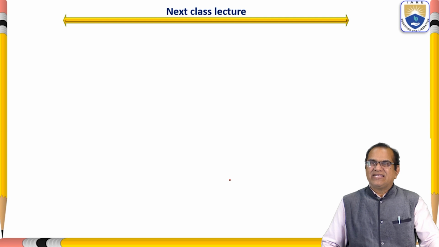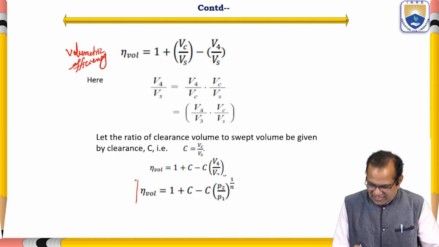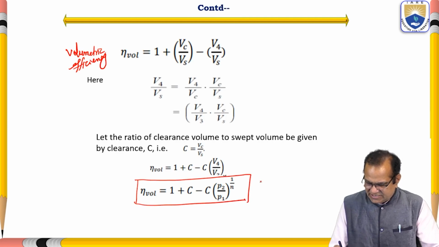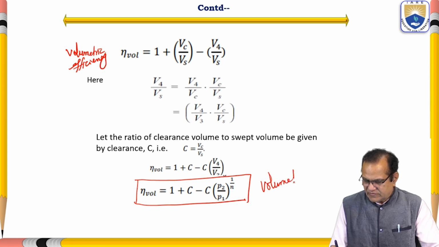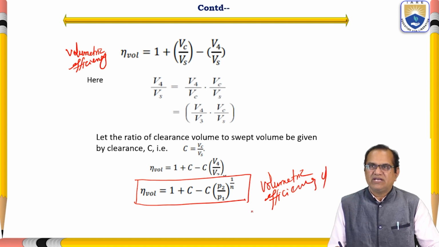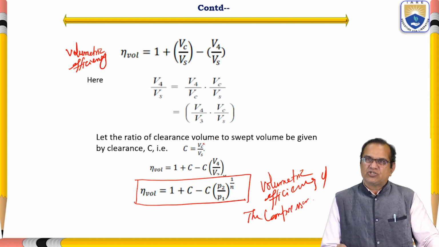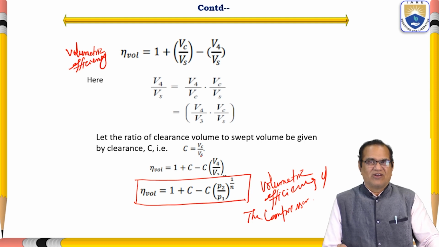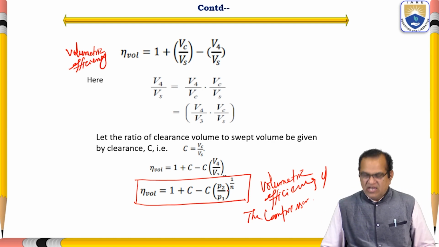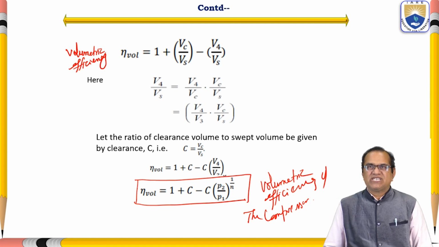So the volumetric efficiency of the compressor is a function of C, where C is the ratio of the clearance volume to the stroke volume: 1 plus C minus C (P2 by P1) to the power 1 by n. So this is the equation for the volumetric efficiency of a reciprocating compressor.